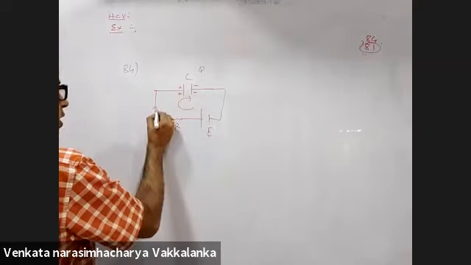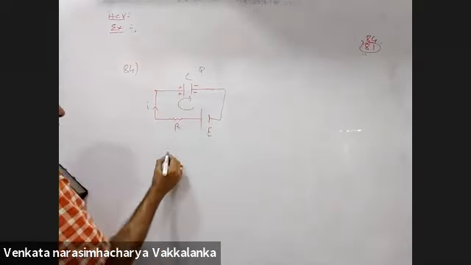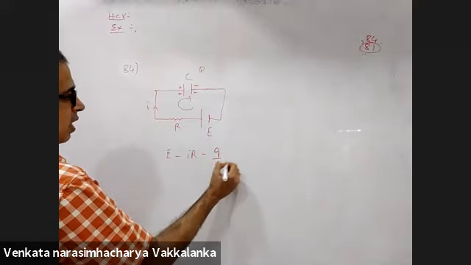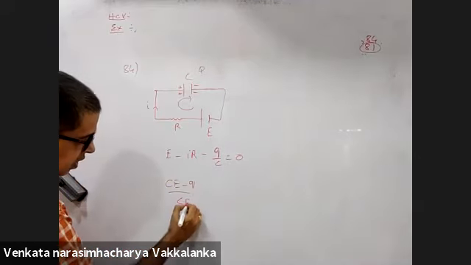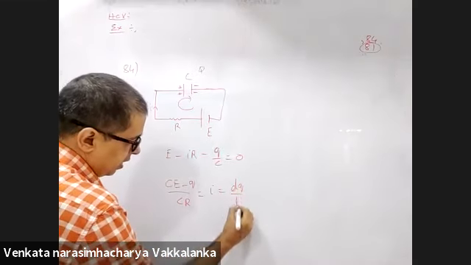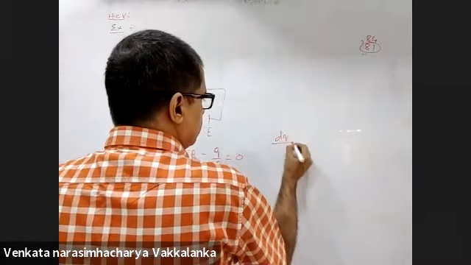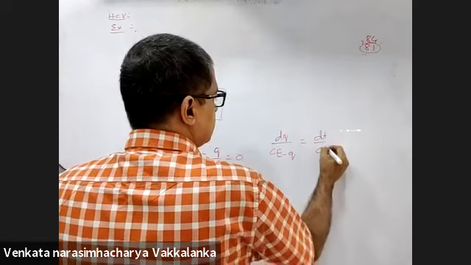Now I take the current I. All that you will do is E minus IR minus Q by C is 0. So (CE minus Q) by CR is equal to I, which is dQ by dt. Now dQ by (CE minus Q) is dt by CR.